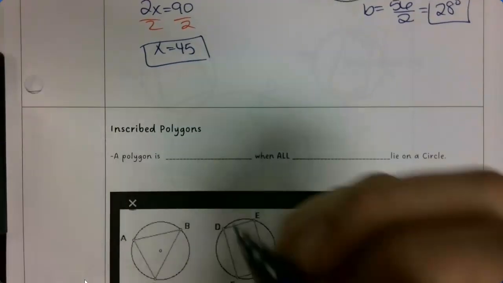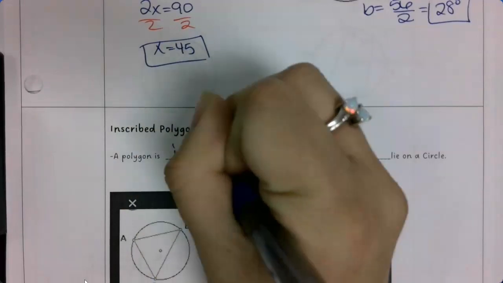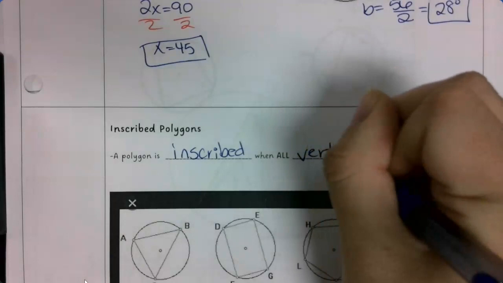Okay, a polygon is inscribed. That just means drawn inside when all of the vertices lie on a circle.